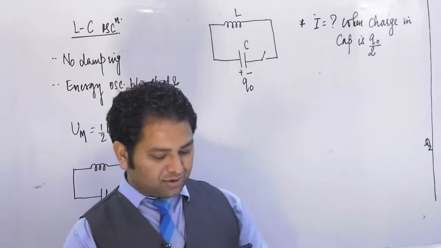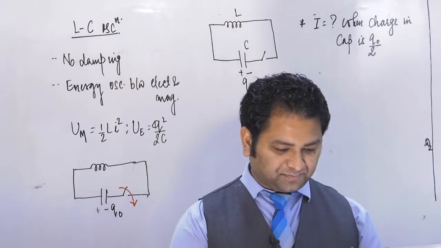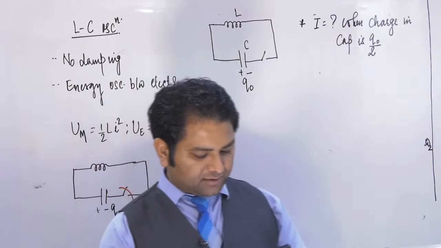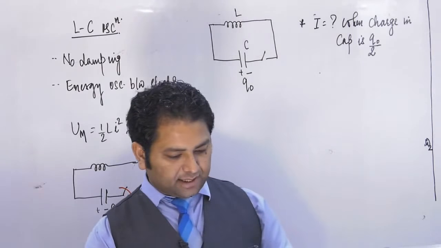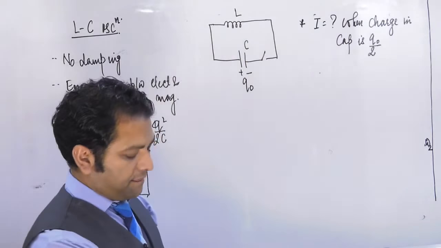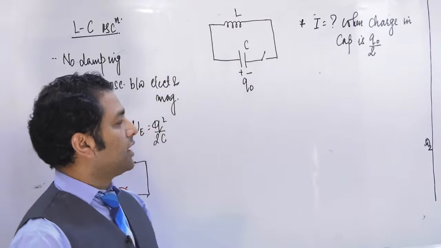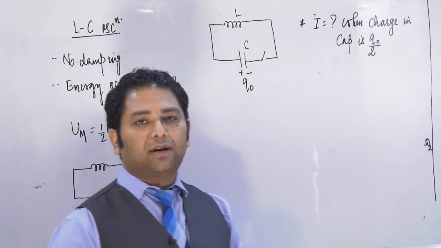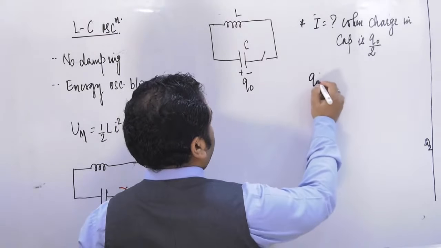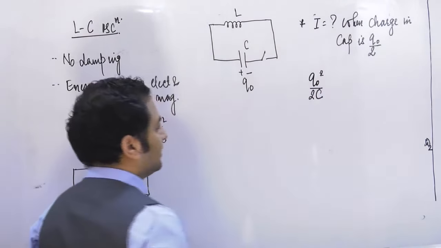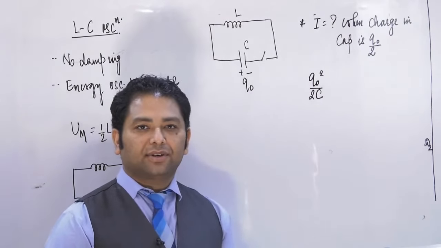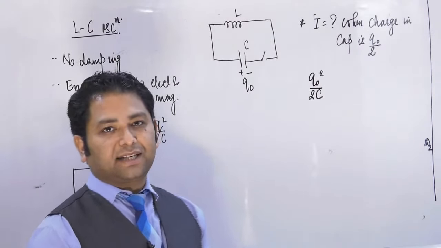So Q naught by 2 root 3 by CL. All right, so let's see how much the value will be. That's not going to be 0. See, when the charge in the capacitor is Q0 by 2, think about energy conservation. The initial energy is Q0 square by 2C, and the magnetic energy is 0. The entire energy starts as the electrostatic one.